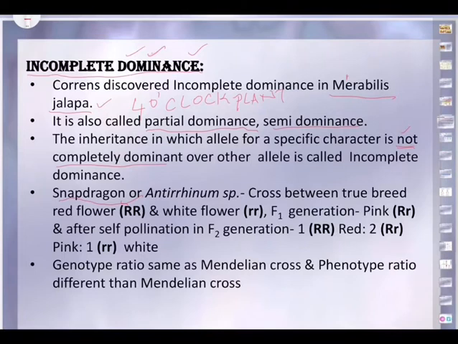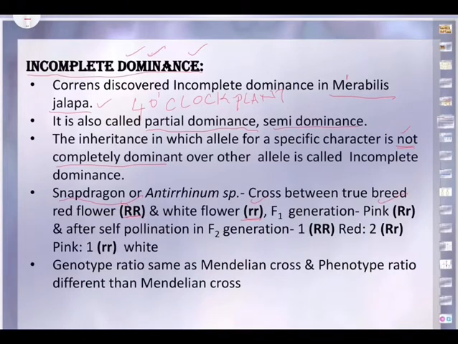In this Antirrhinum, we cross true breeding plants: a pure red flower, whose genotype we write as capital R, and a white flower, small r, homozygously dominant and homozygously recessive.